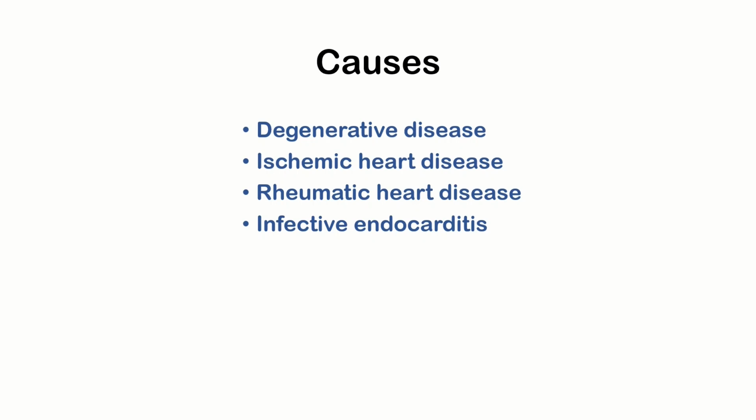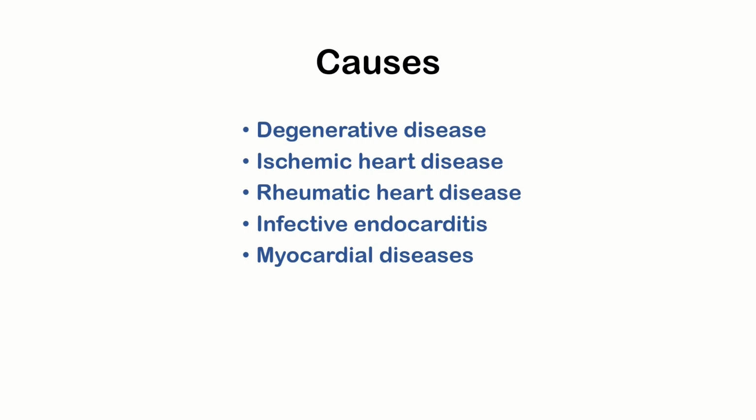In ischemic heart disease, there can be a myocardial infarction that can damage the papillary muscles, leading to the incompetence of the mitral valve. Papillary muscles give rise to chordae tendineae, which hold the mitral valve leaflets in place, preventing regurgitation of blood. And in myocardial diseases like dilated and hypertrophic cardiomyopathy, there will be dilation of the mitral valve, which can cause mitral regurgitation.